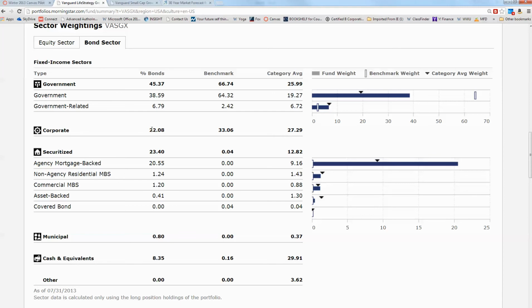So I can see that, first, I know that this fund doesn't have a huge percentage in bonds, a little less than 15%. Of that 15% invested in bonds, 47% is government issued bonds, 22% corporate, 23% securitized, a very minor amount is municipal bonds, and then about 8.35% falls under what they call cash and equivalents.